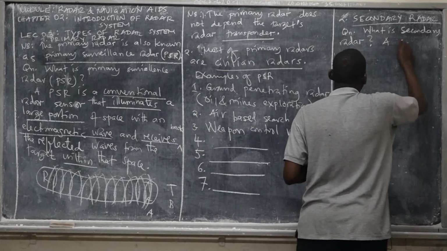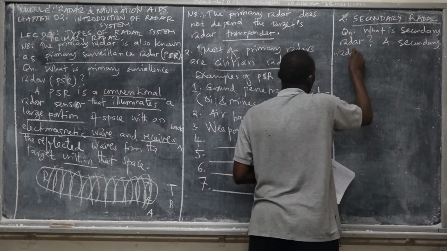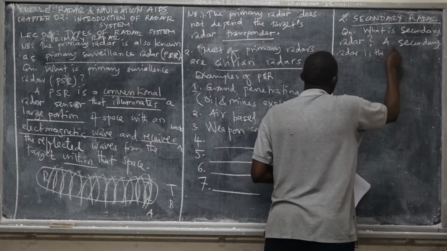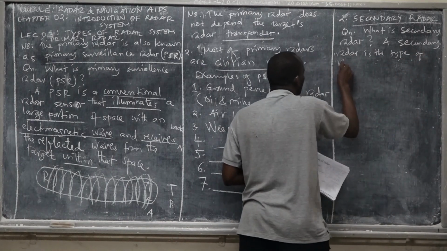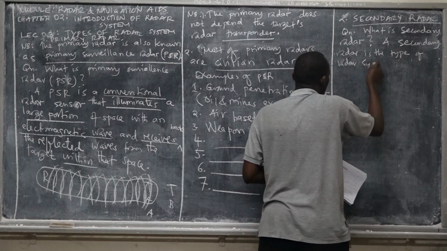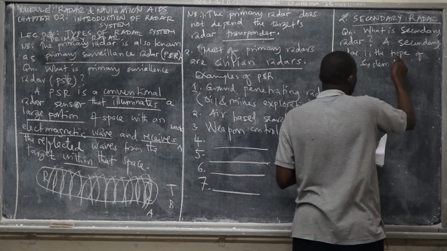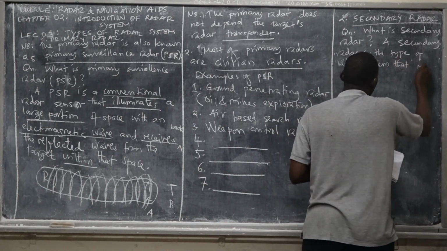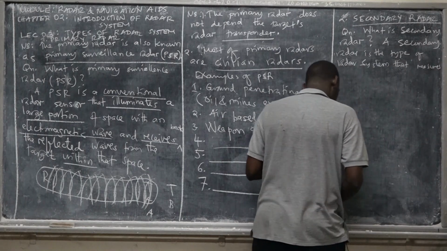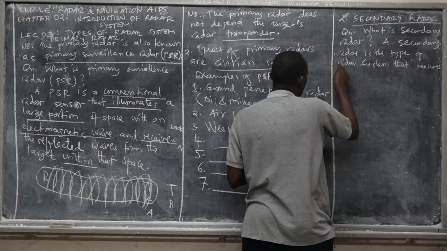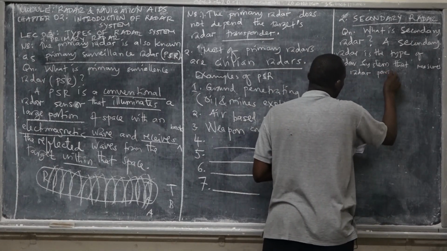A secondary radar is a type of radar system that measures the radar parameters.